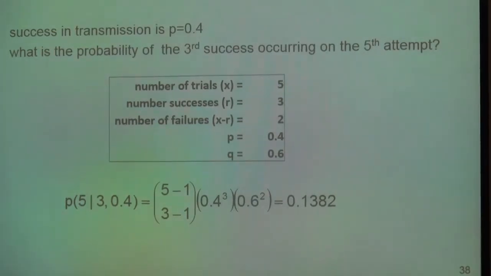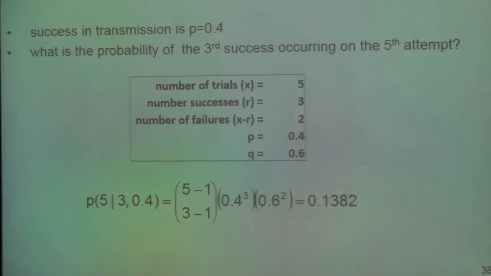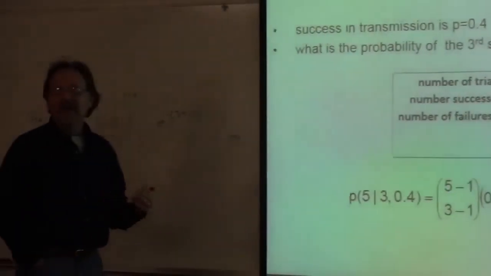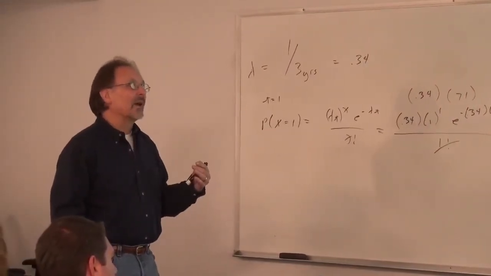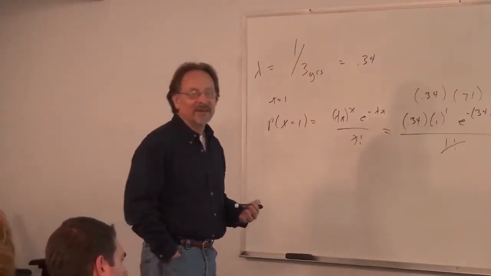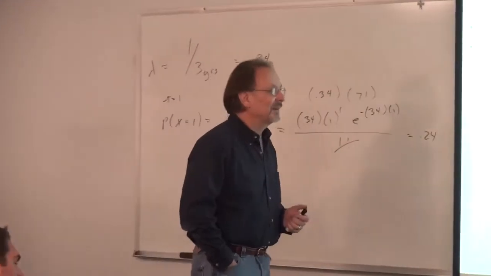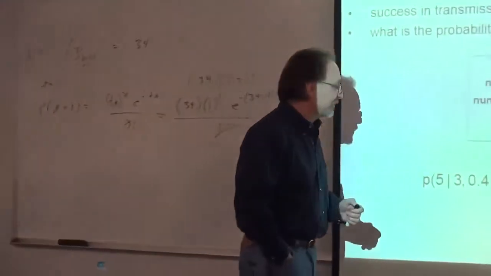This is analogous in many ways to the binomial distribution, because we're using combinatorics, but it answers, again, a somewhat different question than the binomial does. This answers how many failures am I going to get by the time I do x attempts at this task, whatever it is.